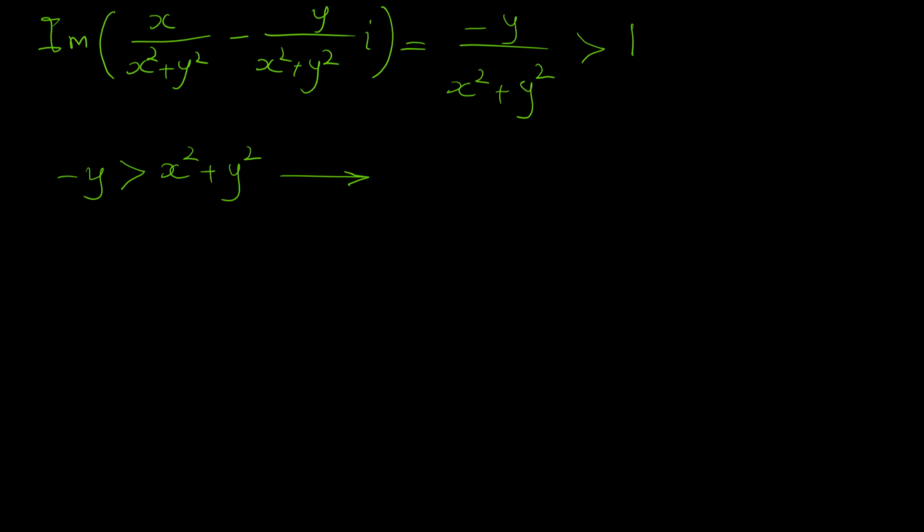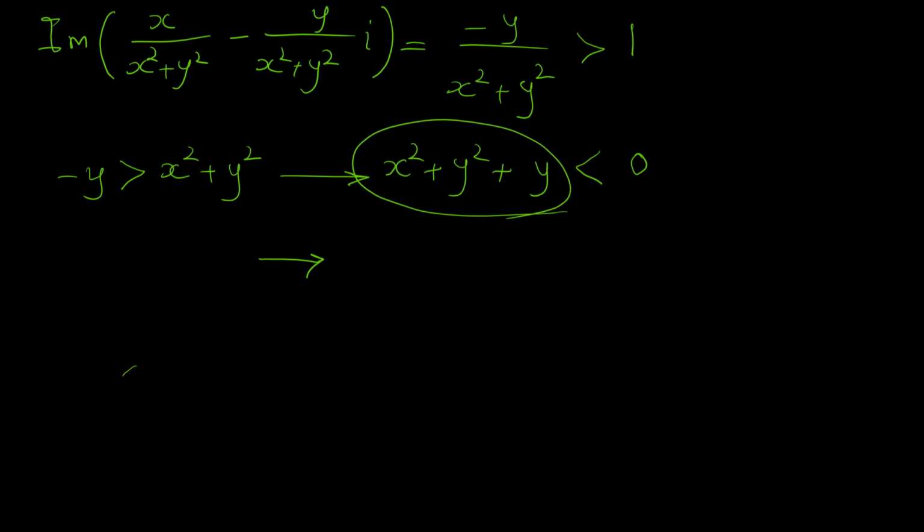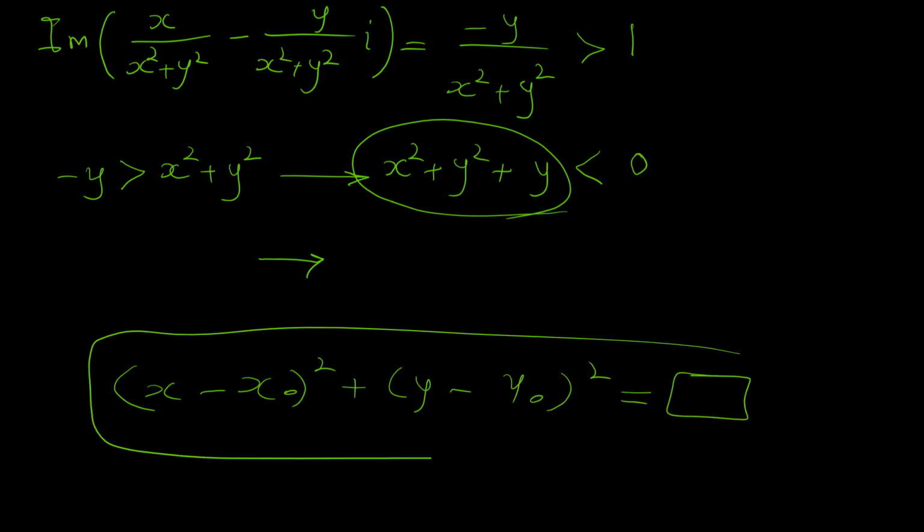Now let's move y to the right side and write this equation in the form of x2 plus y2 plus y less than 0. I am looking to write this in the form of x minus x0 to the 2 plus y minus y0 to the 2 equal a number, because I know that this is a circle.